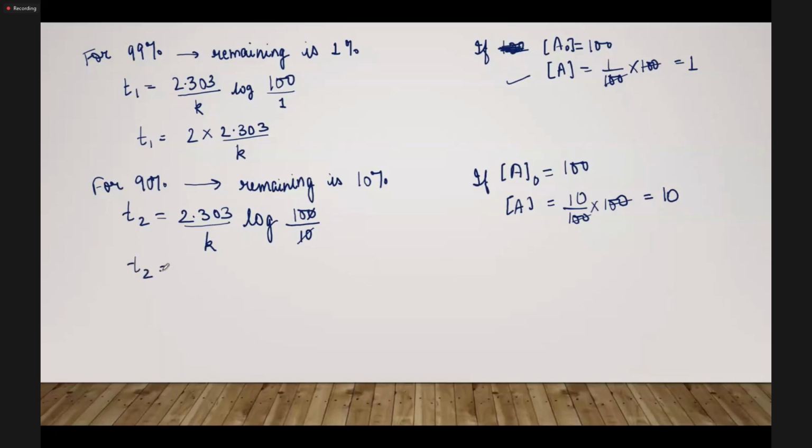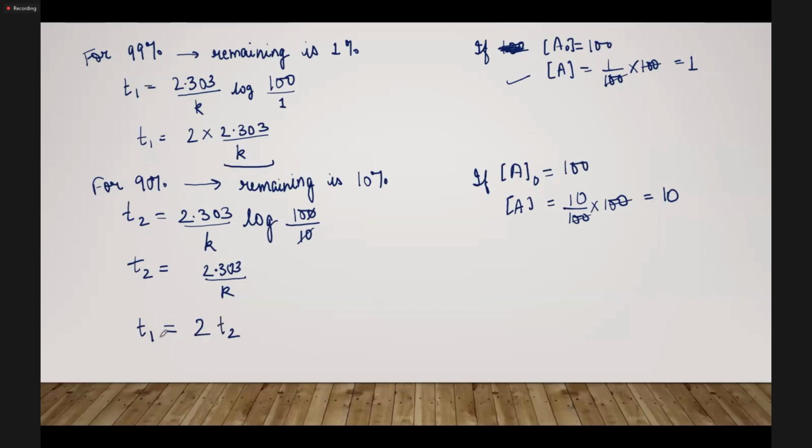So T2 would be 1 times 2.303 by K. So simply, T1 is 2 times of this value and T2 is this value. So basically in place of 2.303 by K we can keep T2. On replacing, T1 will be equal to 2 times of this value, which is T2.